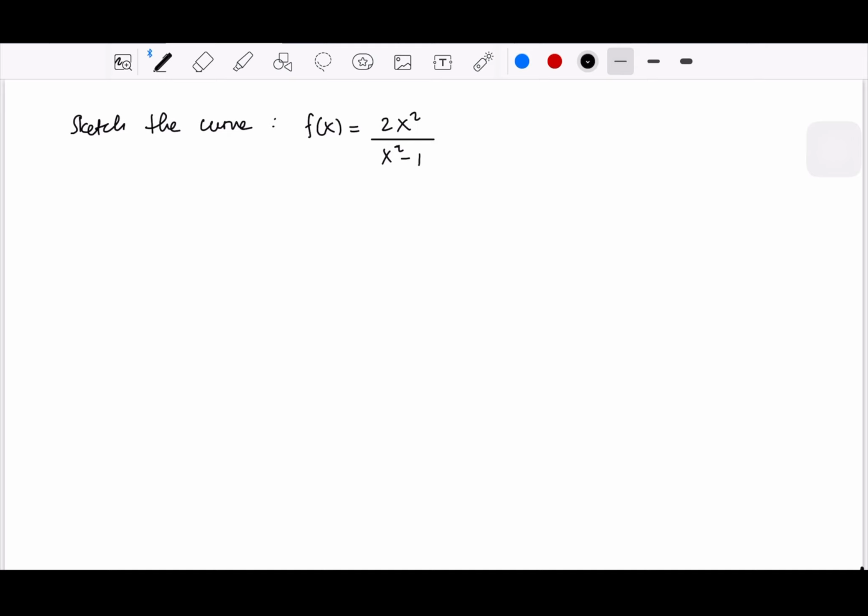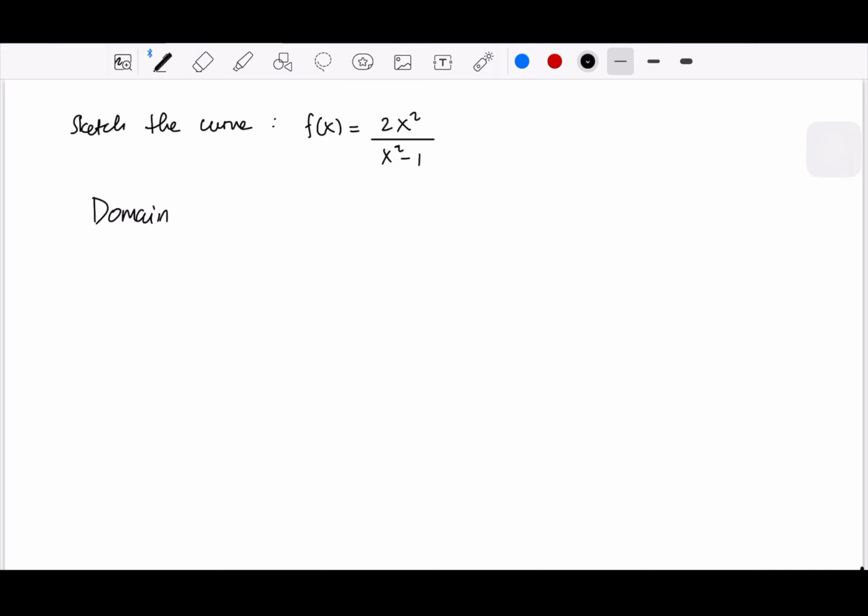Or we could go directly to the first derivative and second derivative, as long as we stay on track. Some questions may require writing out everything, like finding the intervals, but other questions just focus on the final sketch.